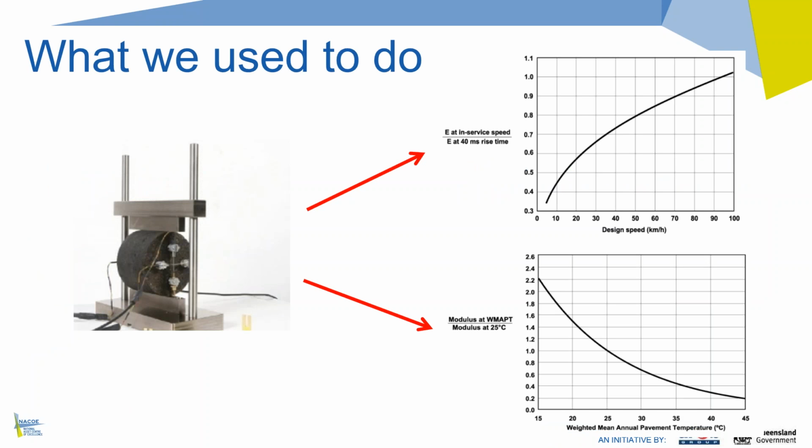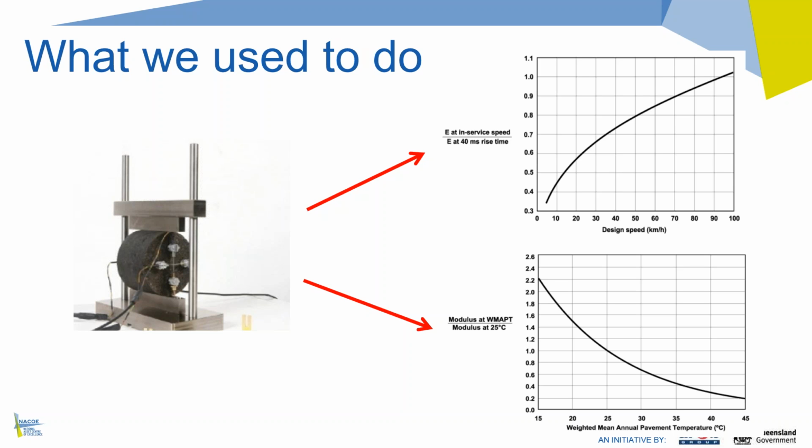I'll be running you through what we used to do, what we're doing right now, and what we will be doing. What we used to do within the off-roads and the TMR supplement framework is run resilient modulus tests, as shown on the left of this page. We do a test at one temperature and one load frequency, and then we take that test performed at one single condition to predict the modulus of that mix at a whole range of temperatures and load frequencies, as shown on the right.